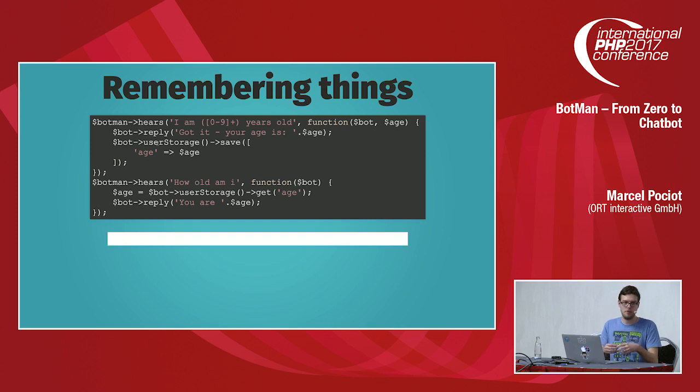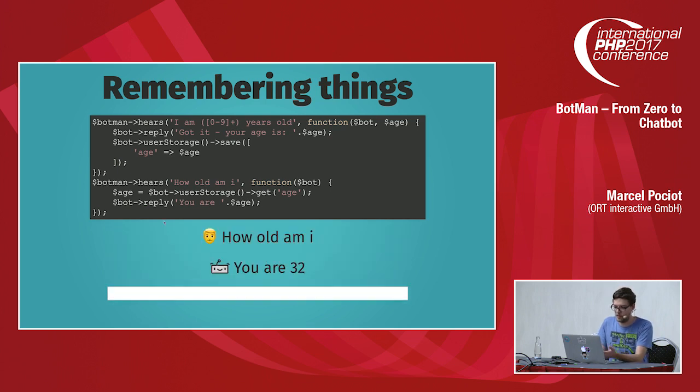So this is bound to the user that interacts with your chatbot, which gets bound by the user ID from the messaging service. So if someone else types, how old am I? We're just retrieving it from the storage, and this will only be available to the user that actually has this in the storage.